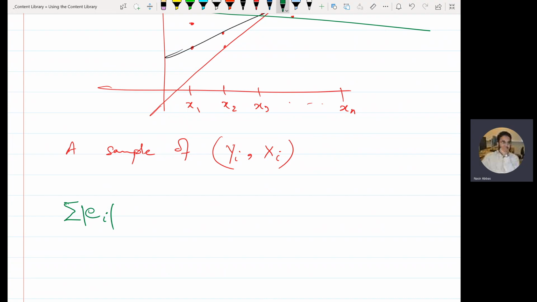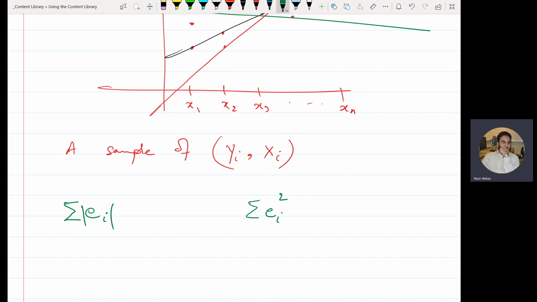And then somebody suggested the square of this quantity, not the absolute. Some of you think that they are the same criteria. There is no difference between the two of them. Minimizing the sum of absolute errors or minimizing the sum of squares is the same thing.